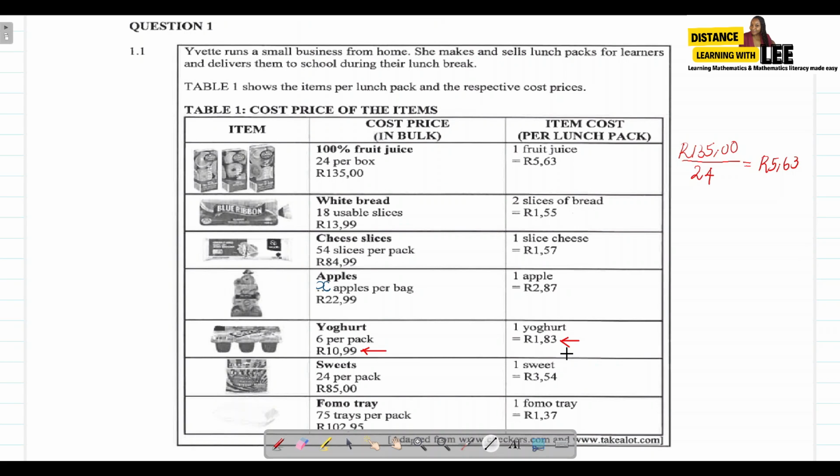Okay, so what did they do? Like I mentioned, guys, you take the total cost of the yogurt and divide it by the total number of yogurts per pack to get the price of one yogurt.